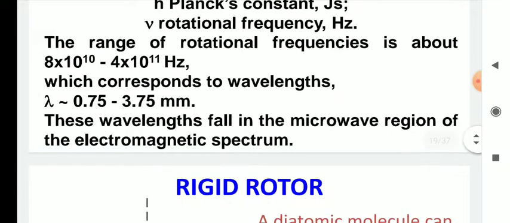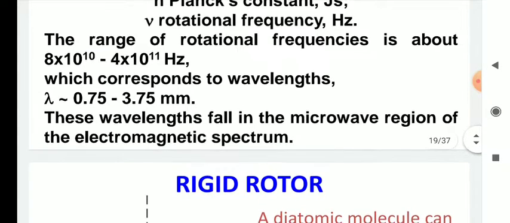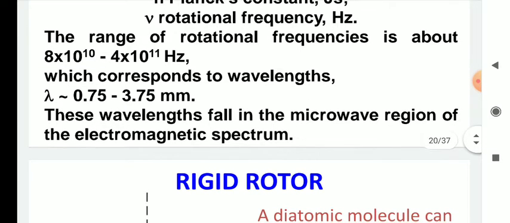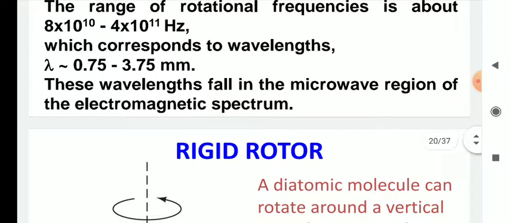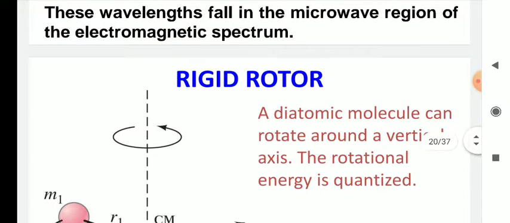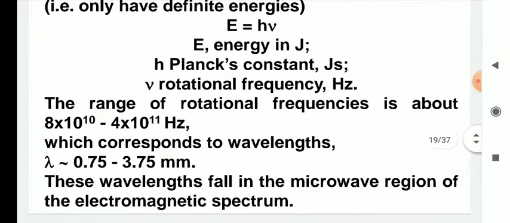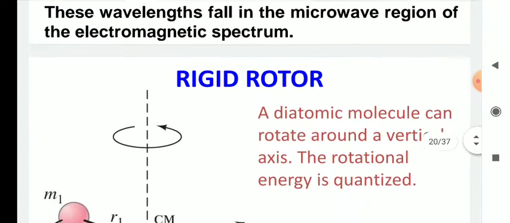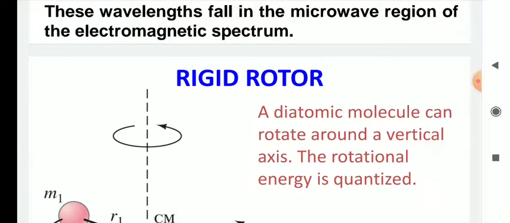The wavelength corresponding to this frequency, lambda, is nearly 0.75 to 3.75 millimeter. So these wavelengths fall in the microwave region of the electromagnetic spectrum. Hence, the rotational spectra are observed in the microwave region of the electromagnetic spectrum.